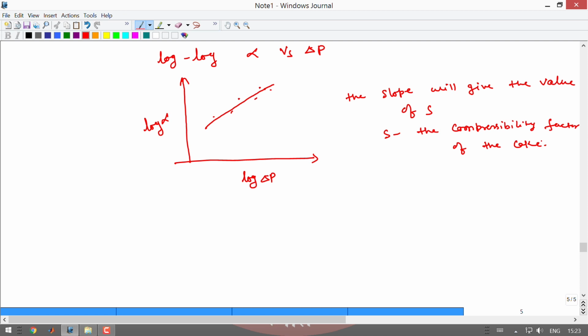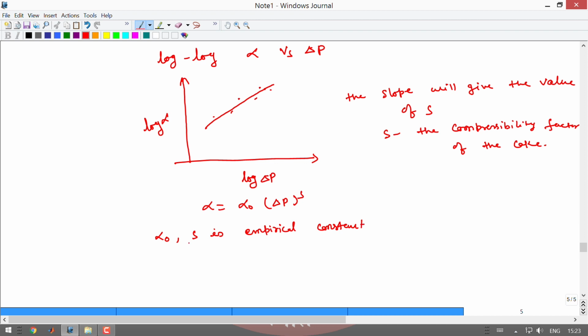So, this equation will be suitable: alpha equal to alpha naught into delta P raised to power s, where alpha naught and s are empirical constants.